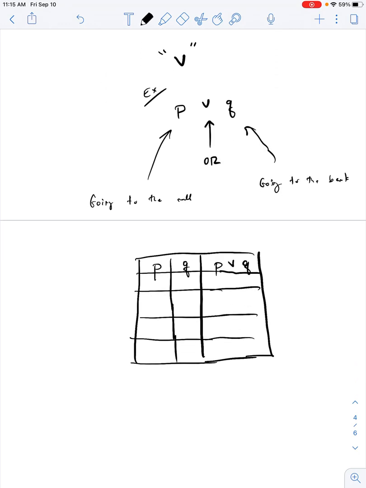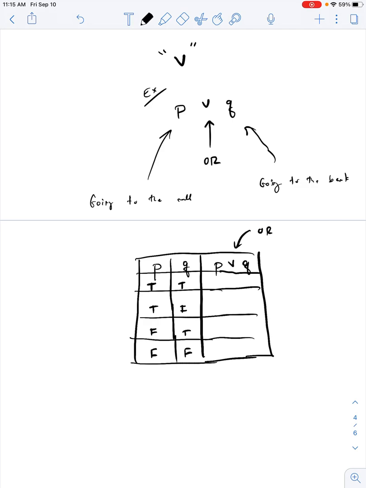So remember that symbol means or. This symbol means or. And you'll probably be given the first two columns filled out. So put true, true, false, false, true, false, true, false. You'll be asked to fill in that last one.